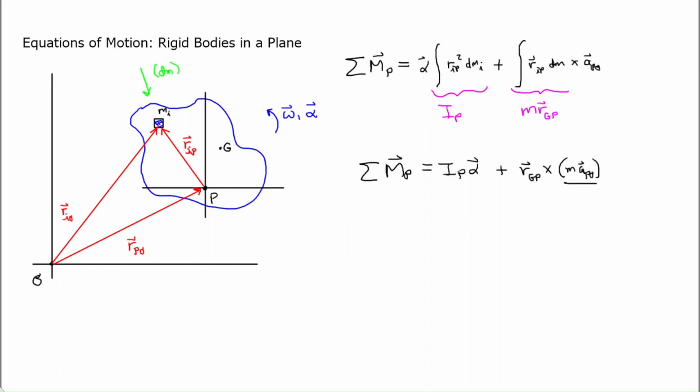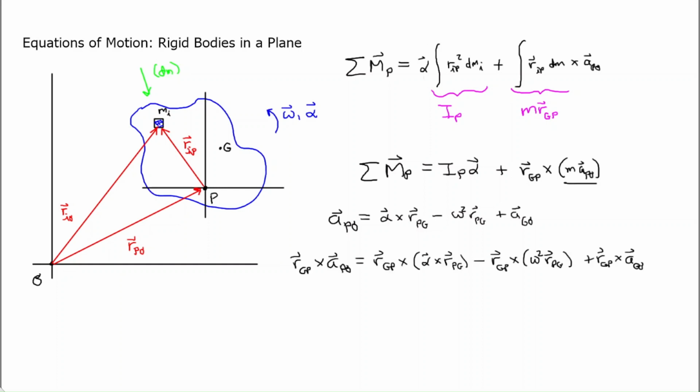This kinematic formula, the general format, should look familiar, and I've made some adjustments on the subscripting. Ultimately, we're going to substitute for acceleration PO into this cross product where we have R GP cross into that.